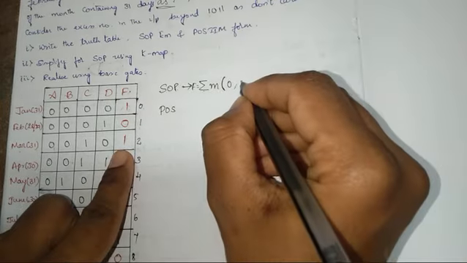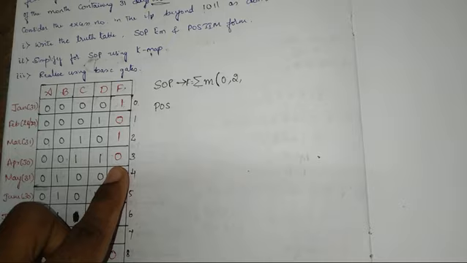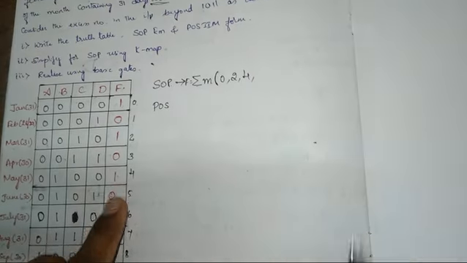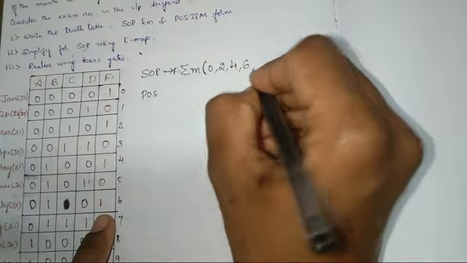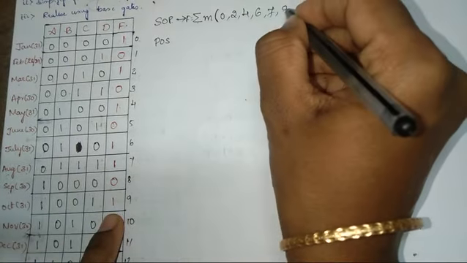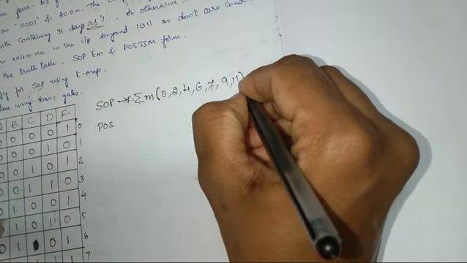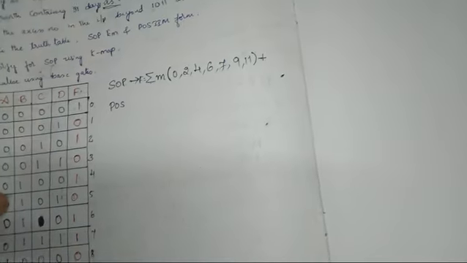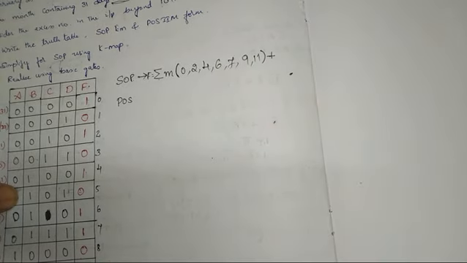Next, 1 is present in the 2, next 4, next 6, next 7, next it is in 9th, next it is in 11th, right? 11th. Next, do we have any ones here? No, right? Okay, so close the bracket, plus even for this problem we have a don't care also.